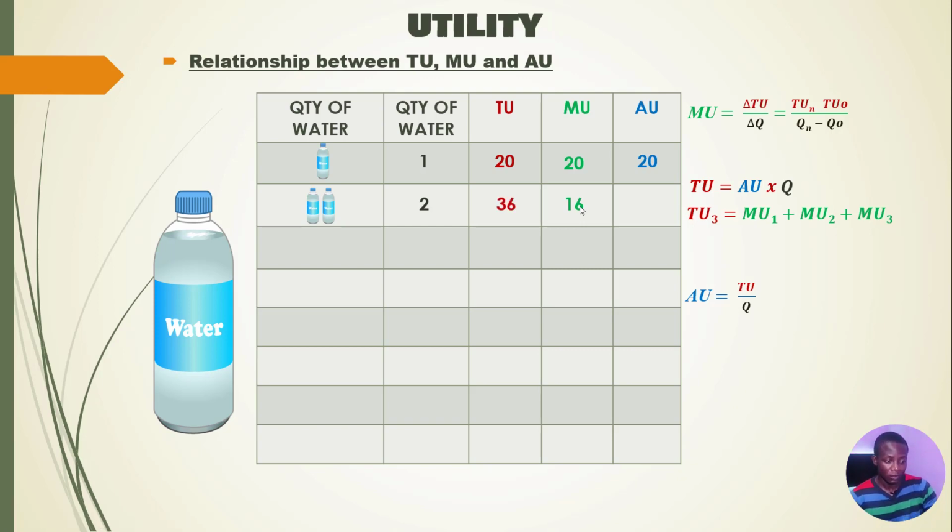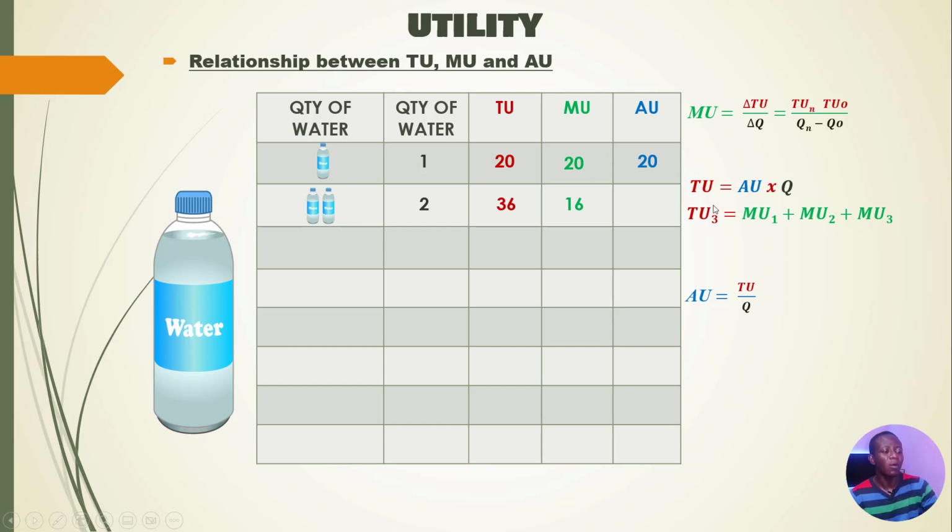So we realize that to get the total utility of the second unit, it was the sum of the marginal utility of the first unit and the second unit consumed. From our formulas, there are two key formulas to compute the total utility. Either you use the sum of the marginal utility. So in this example, we are using the second formula.